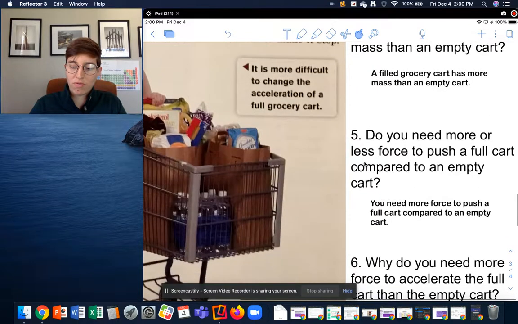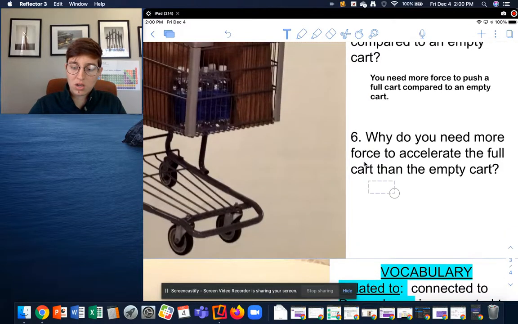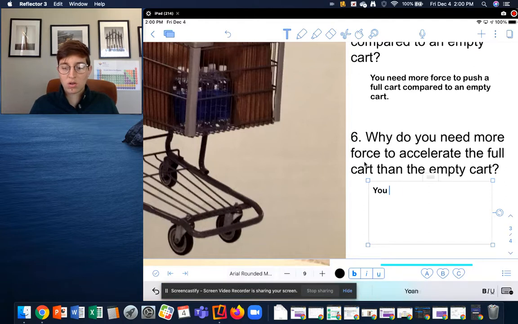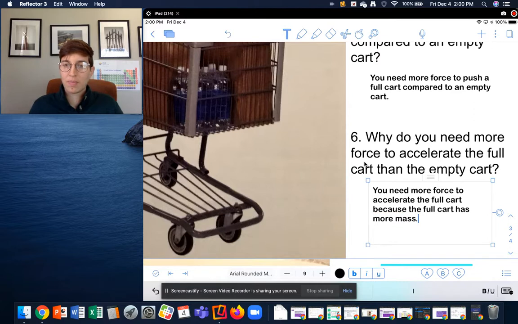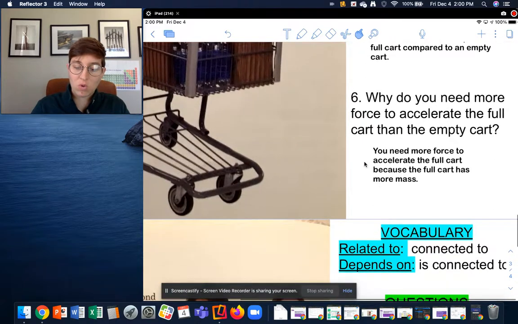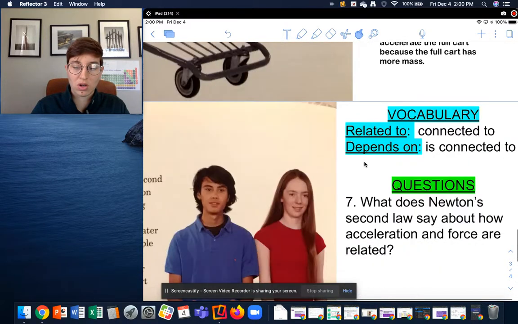You need more force to accelerate the full cart because the full cart has more mass. Right? And when things have more mass, Newton's second law says that we need more force to change their acceleration.